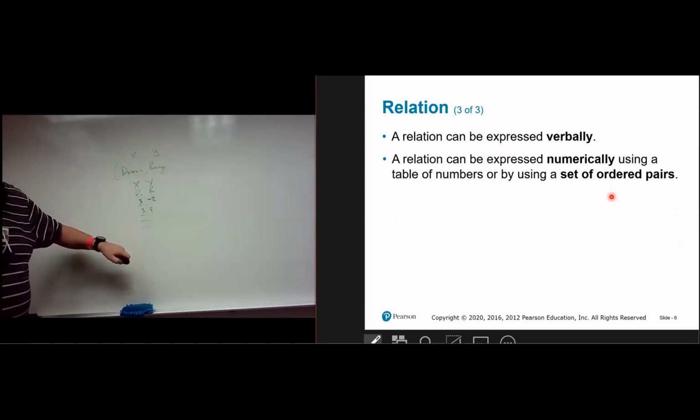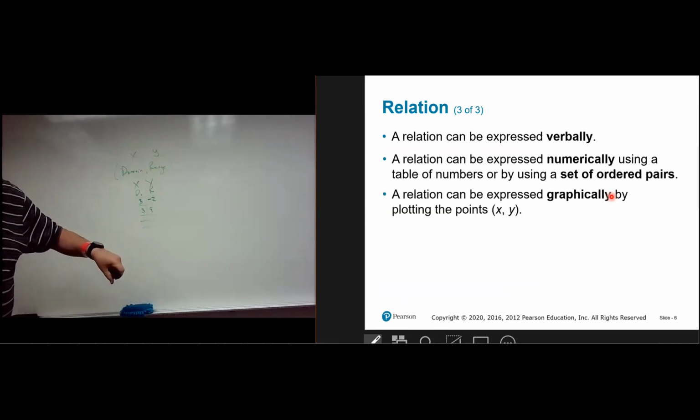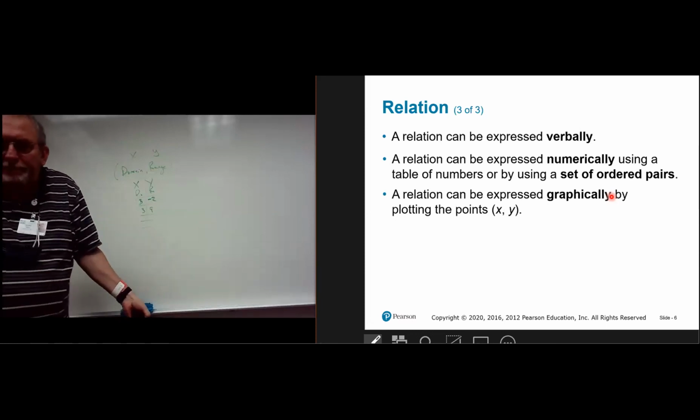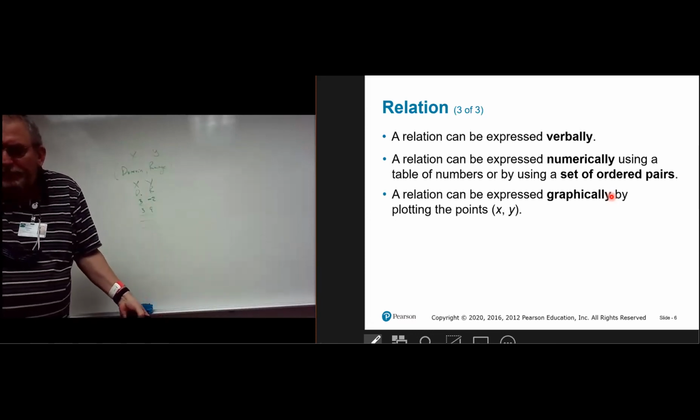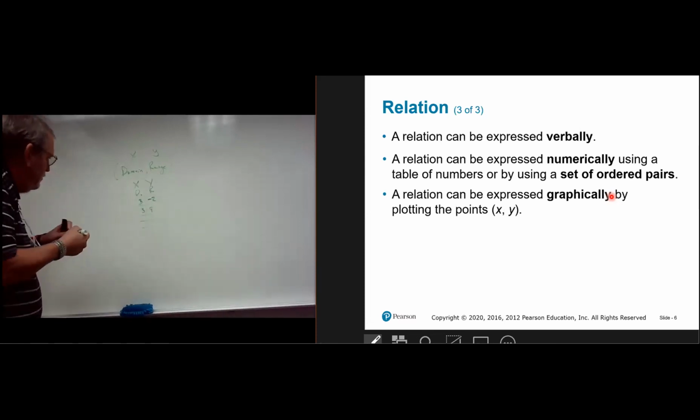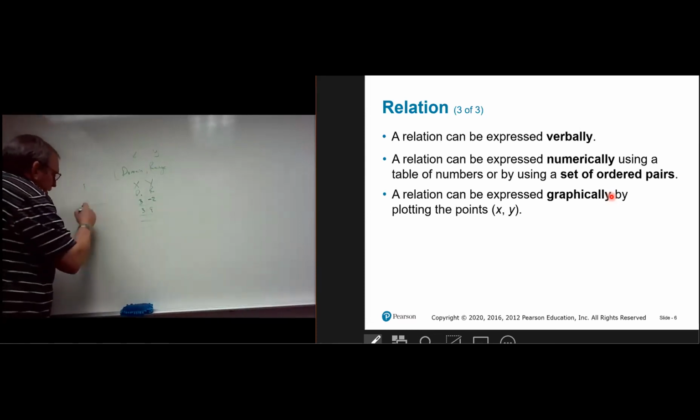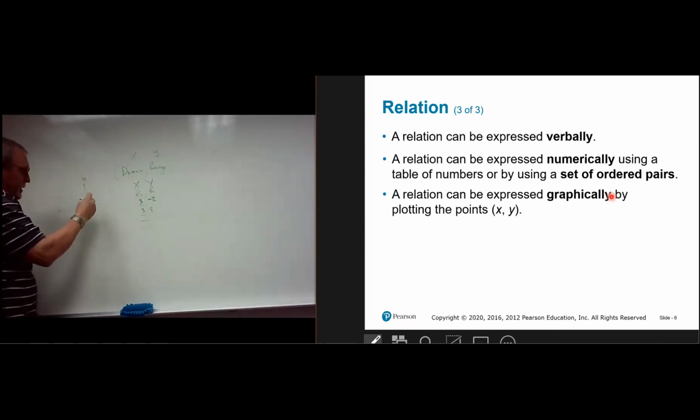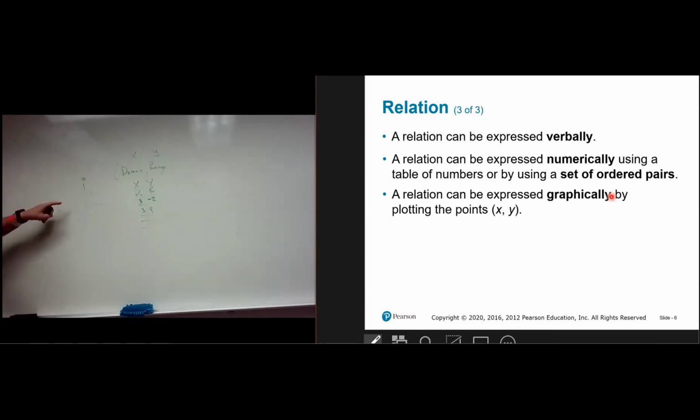It can be expressed graphically. That's where you graph it. So you have the XY plane, and you have dots on here that show the points that are the ordered pairs for that particular relation.